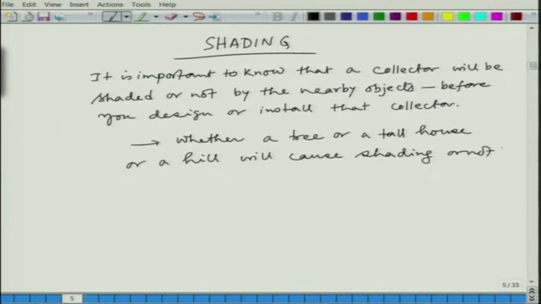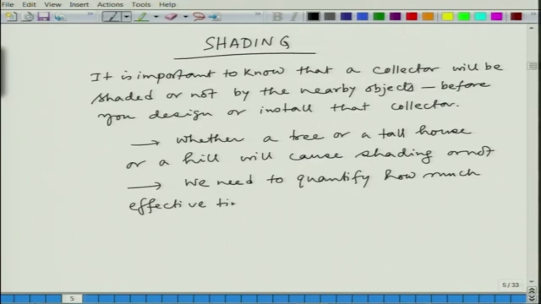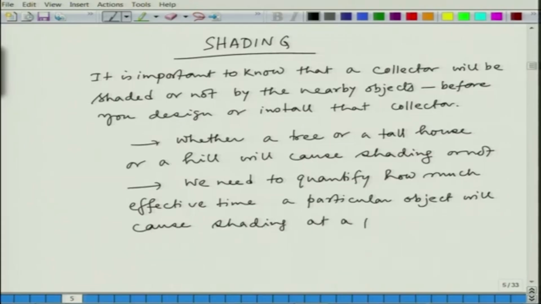Not only shading, but we also need to quantify how much time, or how much effective time, a particular object will cause shading at a proposed location.